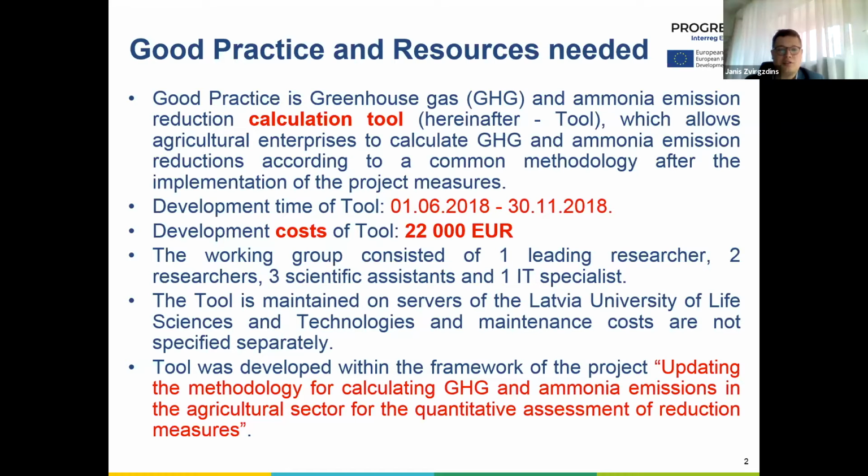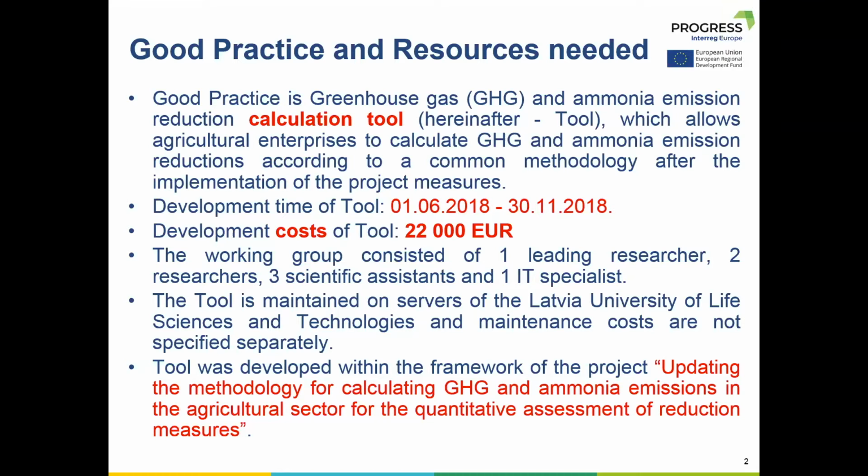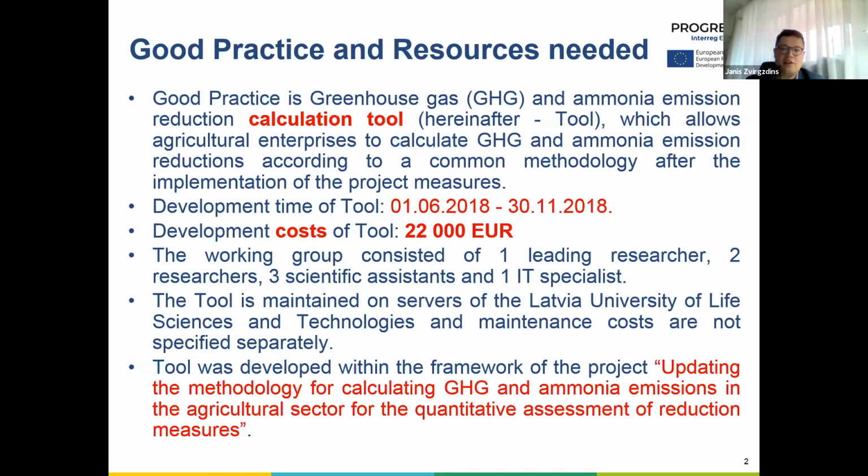It was developed by a working group which consisted of one leading researcher, 2 researchers, 3 scientific assistants, and 1 IT specialist. The tool is currently maintained on the servers of the Latvia University of Life Sciences and Technologies.